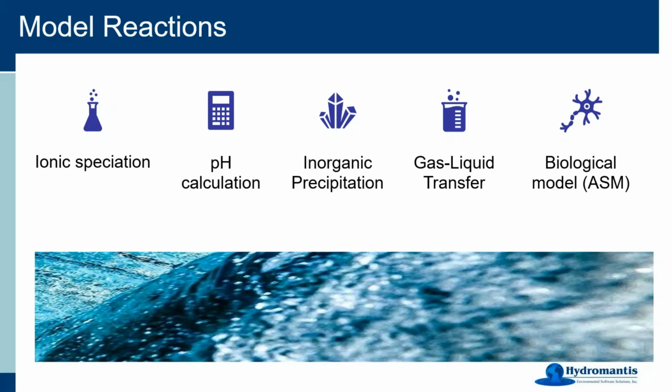And again, we have a simplified biological model, so it's not as detailed as the model you would find in wastewater treatment, but we do have a simple model that can do the biological reactions in the water treatment plant and take into account organic removals and nitrogen removals in the system.